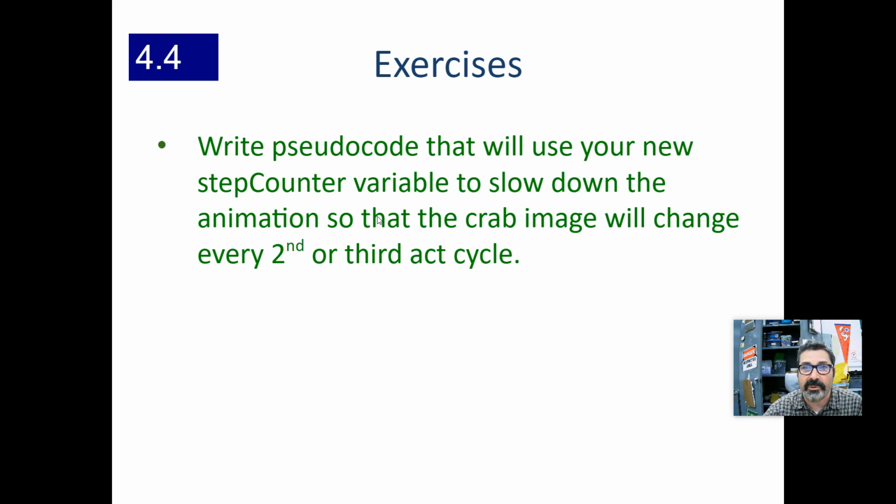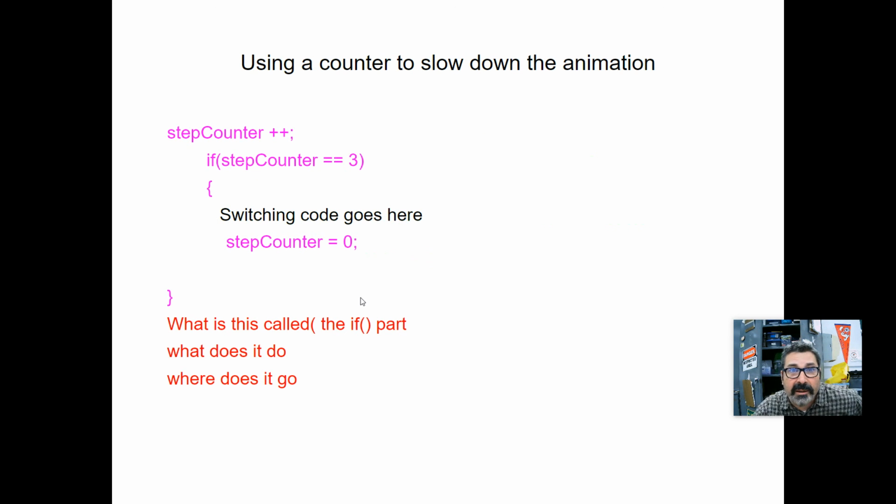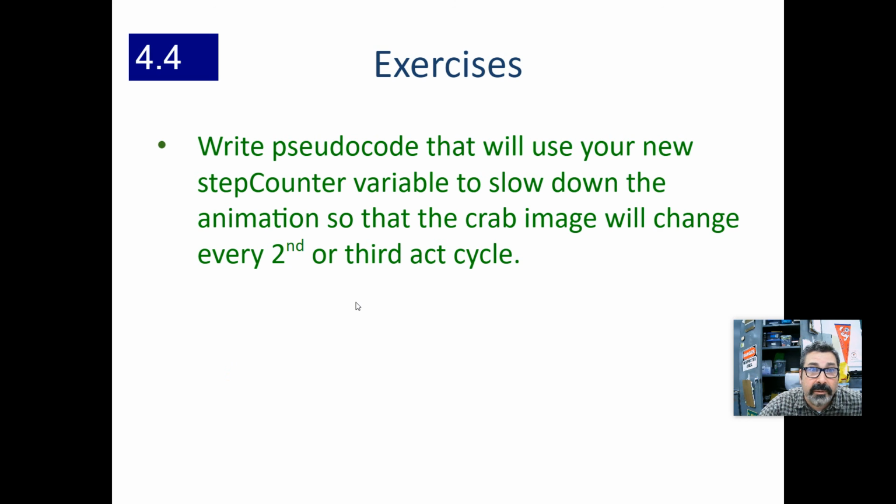If the stepCounter equals 3, then switch the image. And then you're going to set the stepCounter back to 0. Something like that. All right, get your pseudocode written down before you go on. If you need help writing that pseudocode, let me know, because I'm definitely going to quiz you on that.